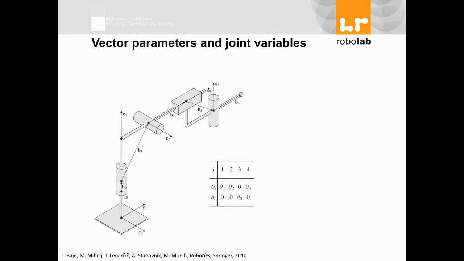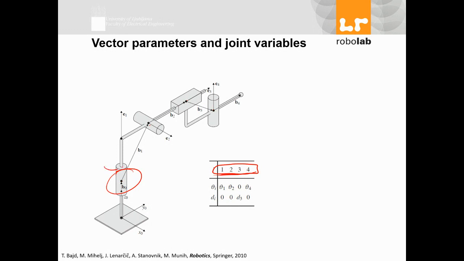Let's do it first, then go with this. So, joint numbers 1, 2, 3, 4. Joint number 1, what kind of movement does it have? Is it translational or rotation? Rotation, right?